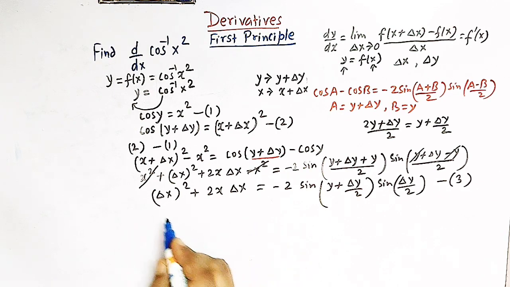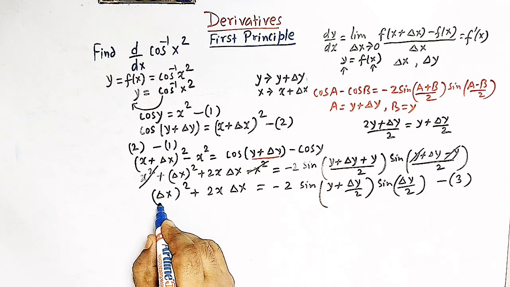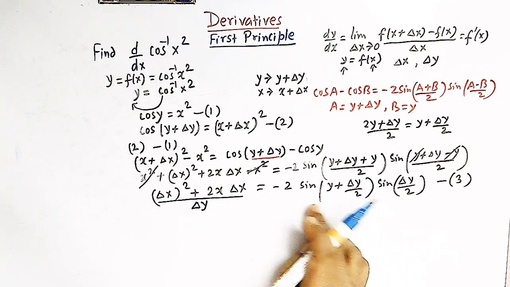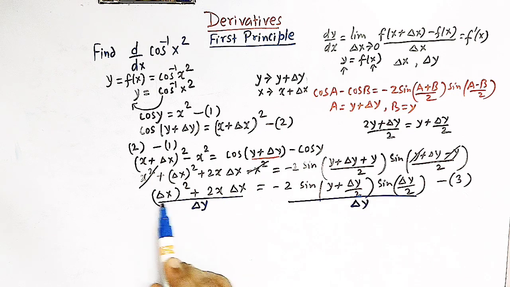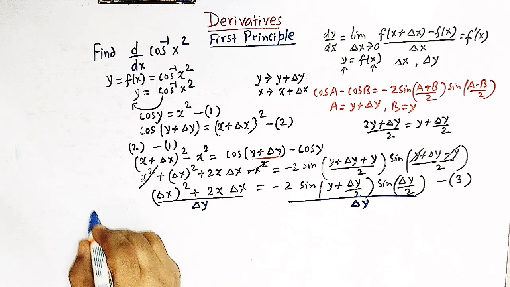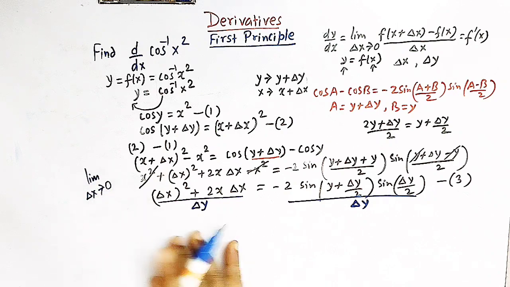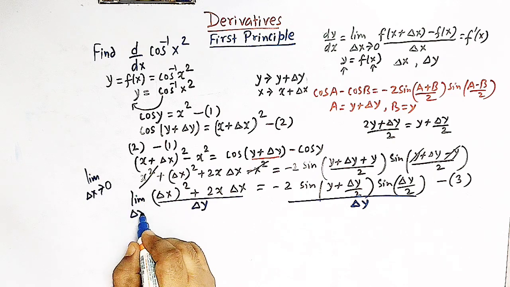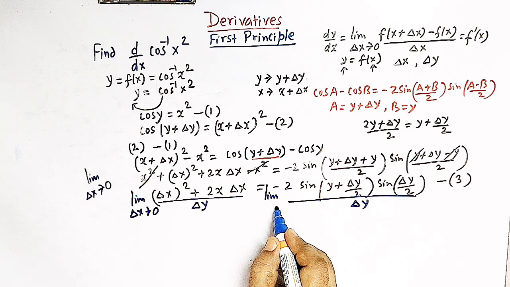So now the next step is to divide both sides by delta y, right? So here we can write delta y, and here also we can write delta y, right? So what we have done, we are dividing both sides by delta y, and now let us take the limit, that is the limit delta x tends to 0 on both sides. So we have here a limit delta x tends to 0, and here we have limit delta x tends to 0, right?